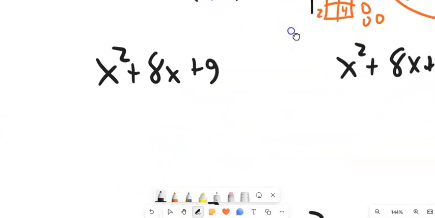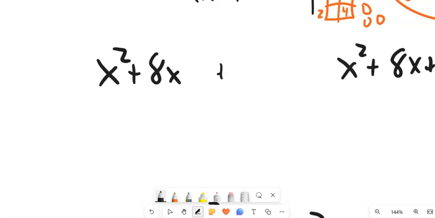Let's try a couple more here. Let's complete the square on this. I'm just going to shove that 9 out here a little bit. Half of 8 is 4. Square that is 16. I've added 16, so I've got to subtract 16. You see how 9 would be 7 short, right?